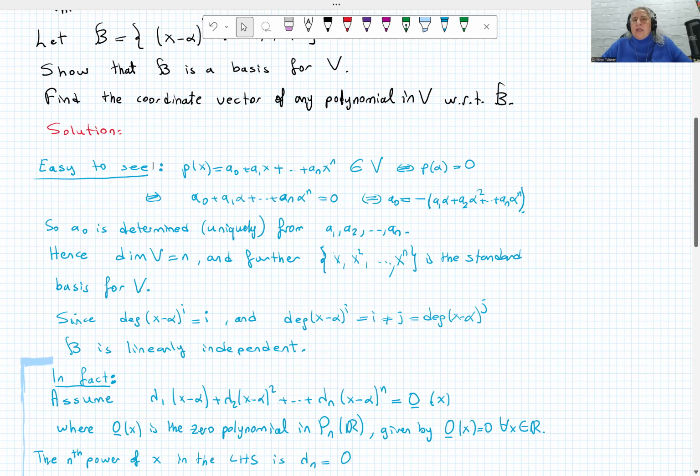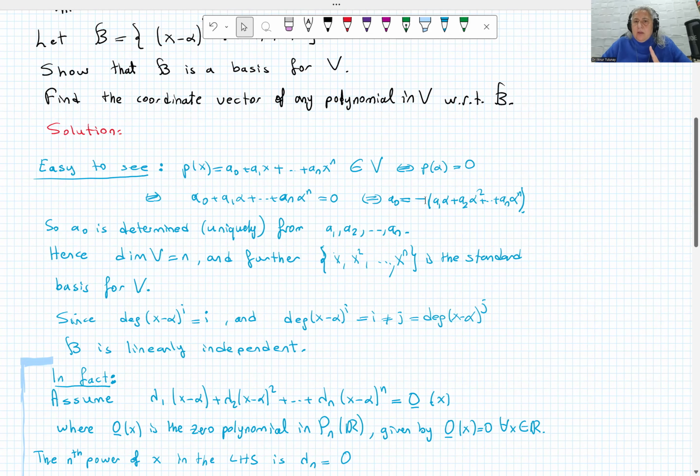It is easy to see that for any polynomial in V, assume that we have a0 plus a1 x plus and so on up to an x to the n. It's just any polynomial. And inside the subspace, by the definition of the subspace, alpha will be a root. Then p(alpha) is equal to 0. If you put this alpha in instead of the x here, we have equality. But we can write a0, which is one of the coefficients, in terms of the others.